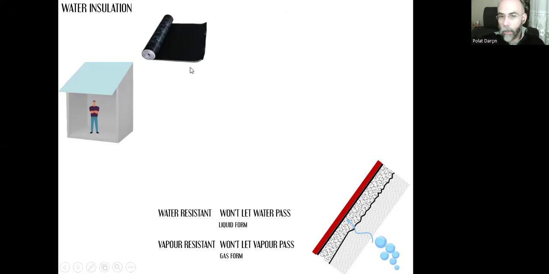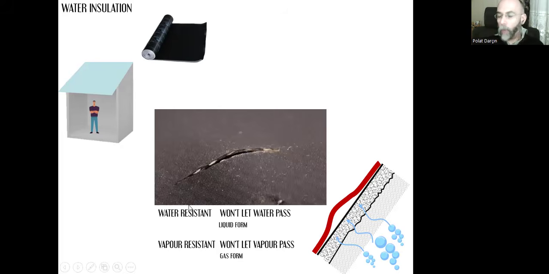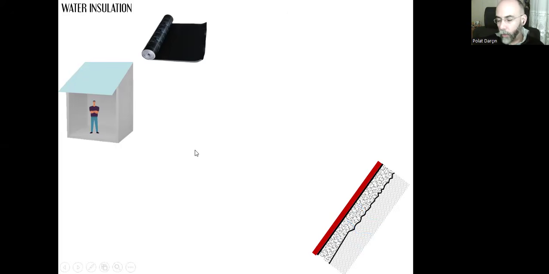However, because the bitumen sheet is water and vapor resistant, the water molecules in gas form will not be able to pass through, and based on the production level of the gas, the membrane will start to balloon up, and that's dangerous because with the pressure of the gas, there's this risk of tearing again. That's why we need to prevent it.